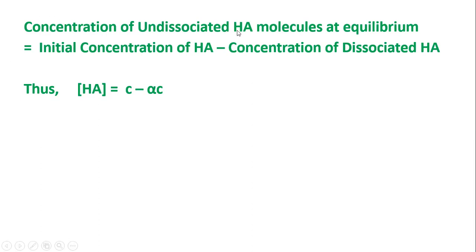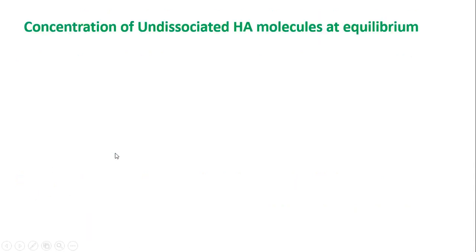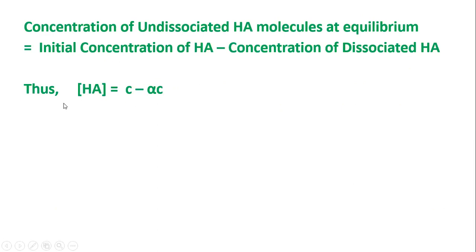So the concentration of undissociated HA is equal to the initial concentration, which we have already indicated as C, and the concentration of dissociated HA, वो हमने पिछली स्लाइड में देखा है कि कॉन्सेंट्रेशन ऑफ डिसोसिएटेड HA is nothing but the concentration of ions produced, so it is equal to alpha C. So we get the equation for the concentration of HA at equilibrium is equal to C minus alpha C. उसमें से C कॉमन निकालो दोनों टर्म्स में से, you will get HA is equal to C(1 minus alpha).